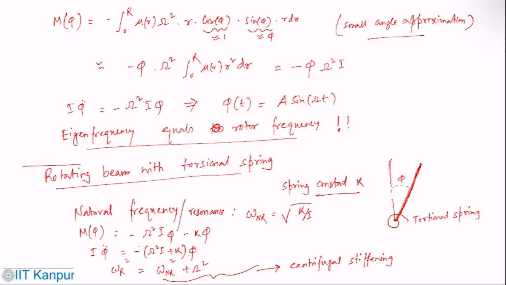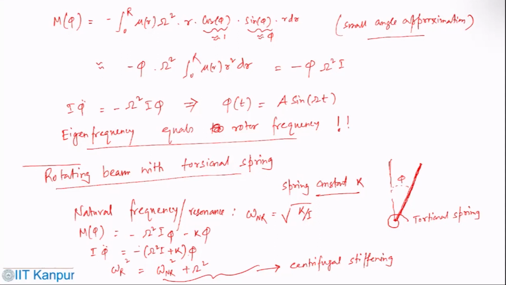So this is where the blade, when it oscillates in forward and backward motion, so essentially the flapwise motion, can actually stiffen.